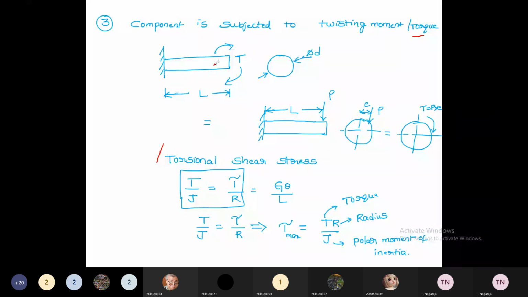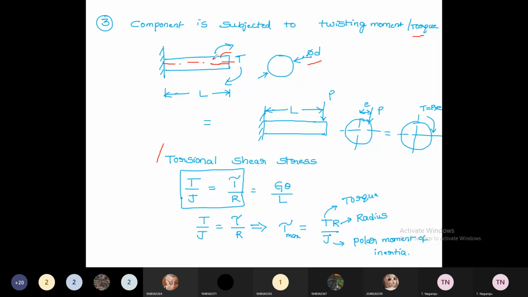So, in this example, the rod has a circular cross section. D is the diameter of the rod, and L is the length of the rod, and it is subjected to a twisting moment T, at some distance from its neutral axis, or you can say the geometric axis.